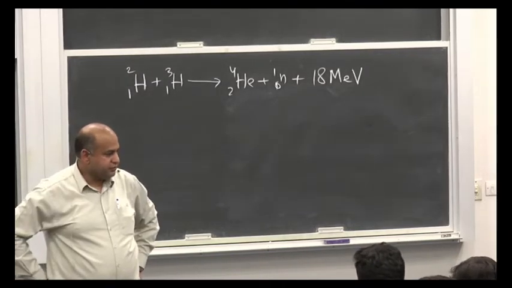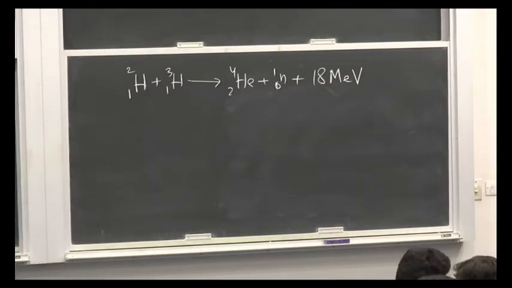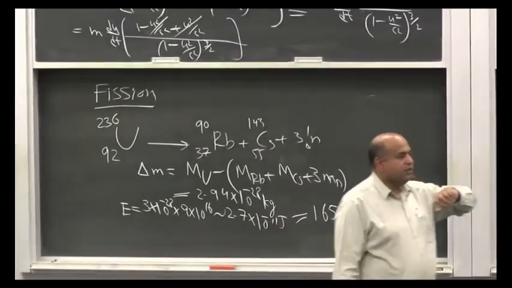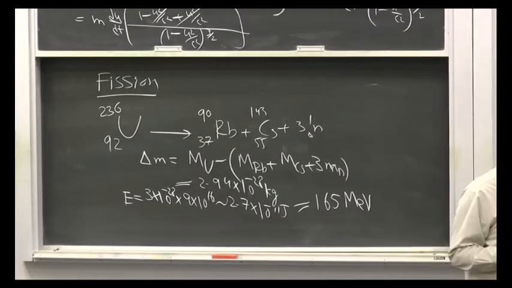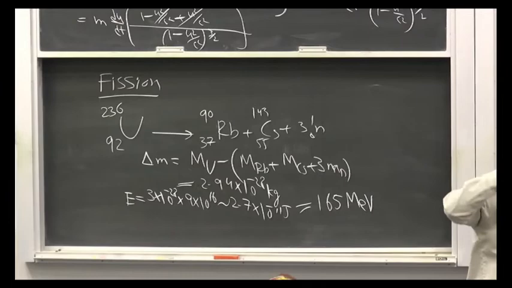Fusion reactions. इसलिए कि देखें, सिर्फ एक एटम जो है it's producing 165 मेगा इलेक्ट्रॉन वोल्ट, और एक सेंटीमीटर क्यूब के अंदर कितने एटम होते हैं? एक मोल के अंदर 10 पावर 23, और किलोग्राम के अंदर it's like 10 power 25, 26 atoms are there.